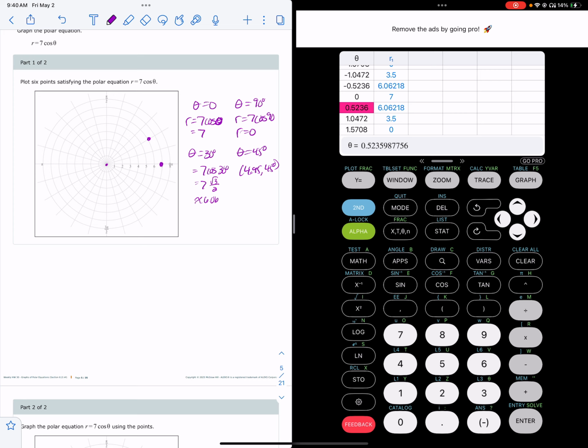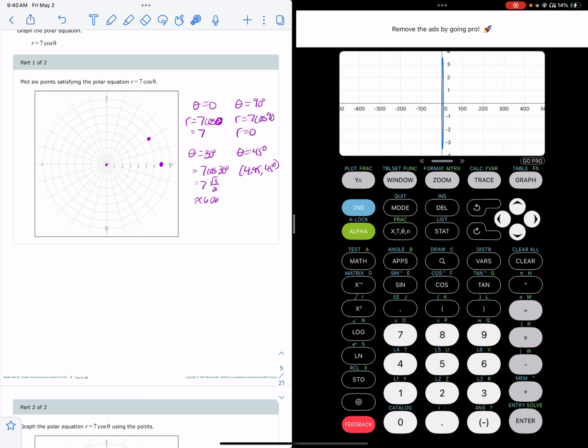So at 30 degrees, the value is 6.06, which is what we got over here as well. At 45 degrees, this isn't going to do 45, it will do 60. So I guess you could do the table by 15s. But you get the idea. At 90 degrees, you have 0. So you could use this to get yourself some points to plot.